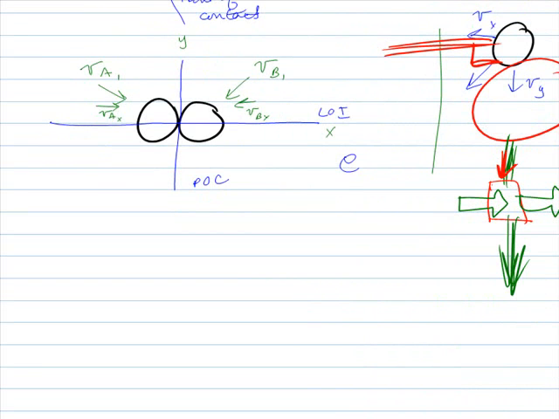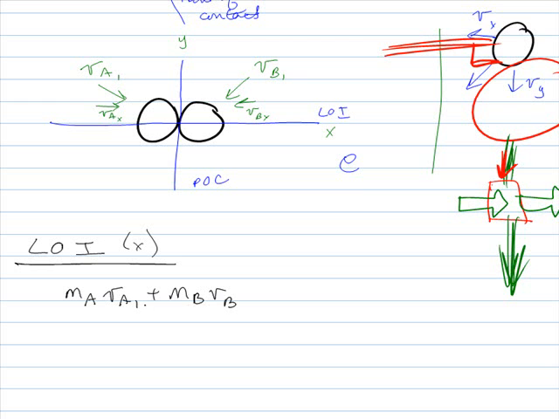So whenever you're looking to solve these problems, what you want to recognize is that along the line of impact, and I'm calling that x just for simplicity, we do have conservation of momentum. So we have ma va1x plus mb vb1x equals ma va2x plus mb vb2x.